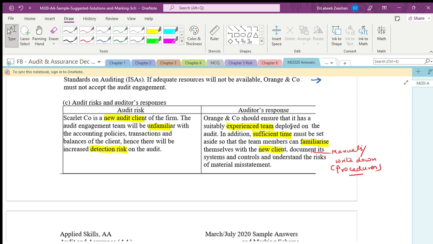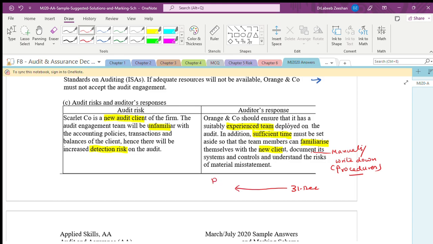We should not go with a new team. We should go with an experienced team and we should have sufficient time. Sufficient time means, in terms of 31st December, you have to plan ahead.